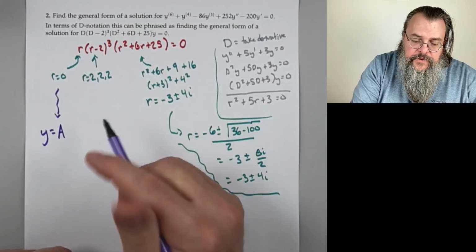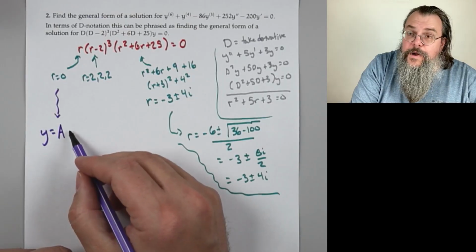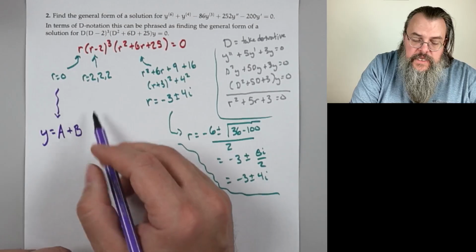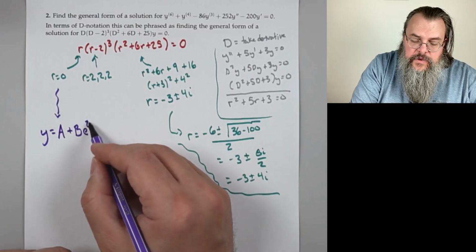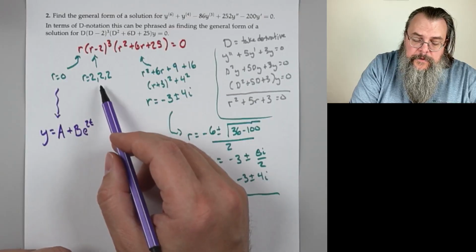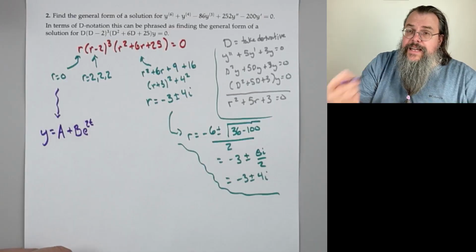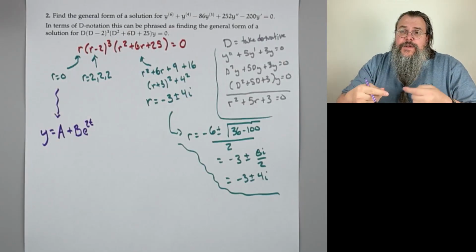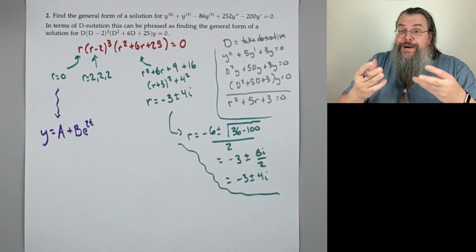How about the repeated roots? Well, we work our way up. So a root of 2 would be e to the 2t. Then the second time we have a root of 2, that's going to give us a second e to the 2t. Well, I can't use it again because it doesn't give me anything new. So we bump.